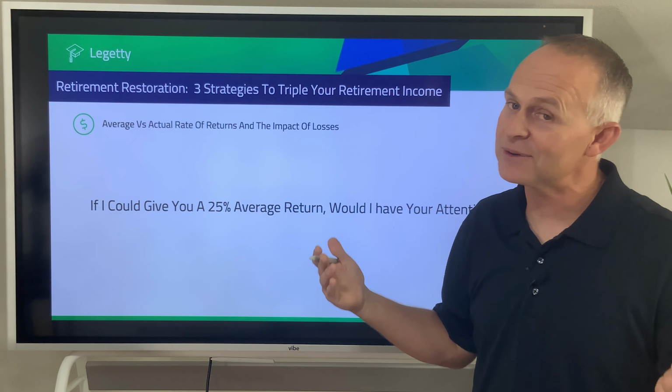We would still be money ahead. We would still be better off with just a 5% return because we didn't lose any money. That is the impact of losses and how they can affect your money.